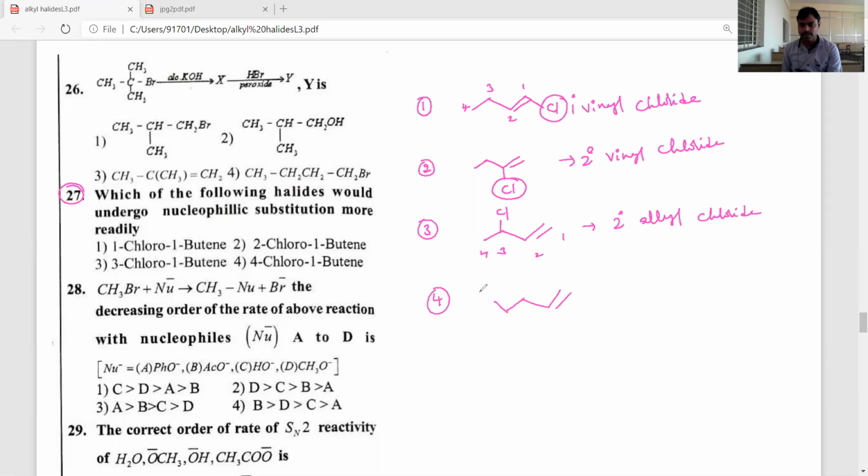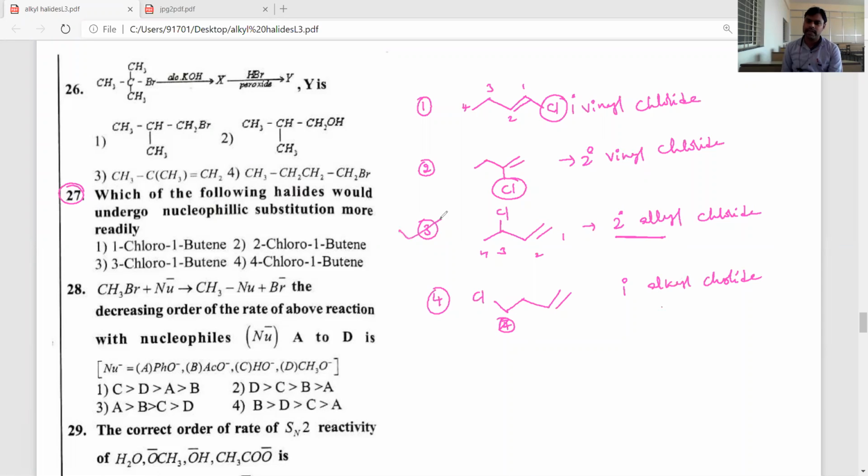Next, 4-chlorobutene. Here chlorine is present at position 4. What type of compound is it? It is just a primary alkyl chloride. So allyl is always more reactive compared to alkyl and then vinyl.